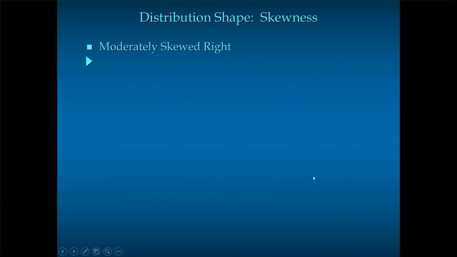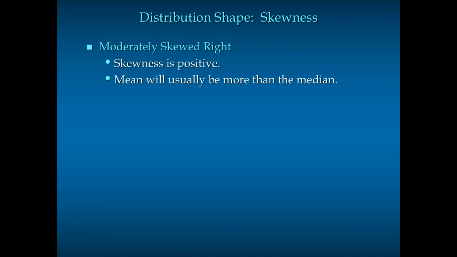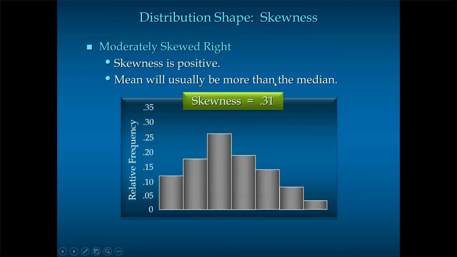Since we have moderately skewed to the left, we should also have moderately skewed to the right. How can we build up the links between the shape of the distribution and the statistics? If we have a distribution moderately skewed to the right, first, skewness is positive. Second, the mean will usually be more than the median. Let's look at this example.